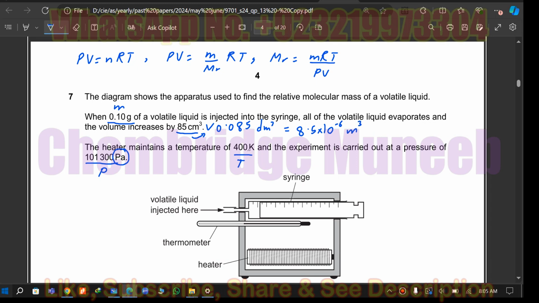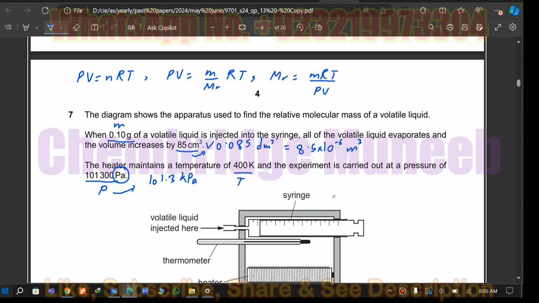Okay, so I have converted this cm cube into dm cube as well as meter cube. Now I have to convert this pressure unit of Pascal into kilopascal. So dividing by 1000 will give me 101.3 kilopascal. So I have now converted both the Pascal as well as the meter cube.